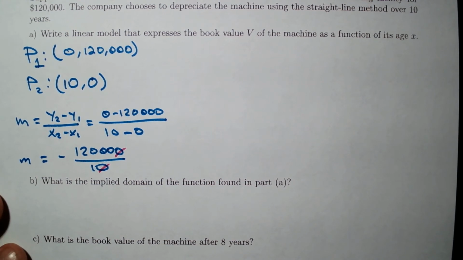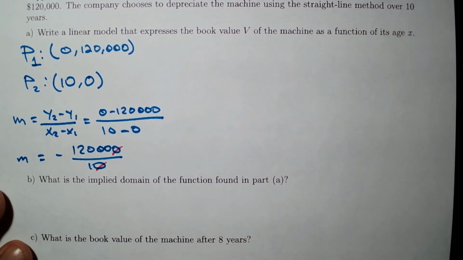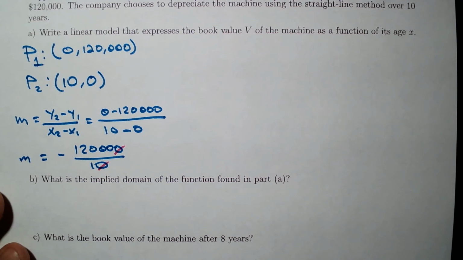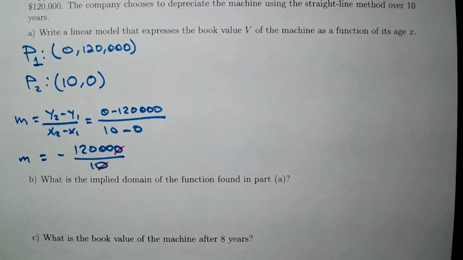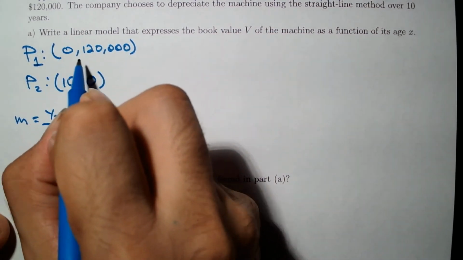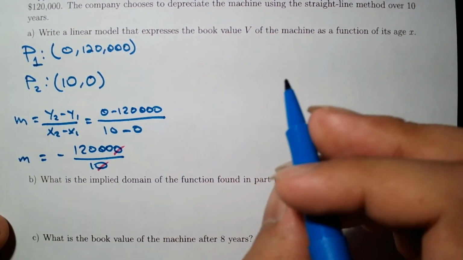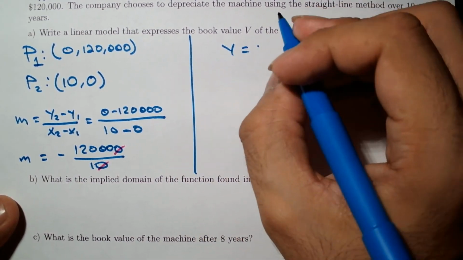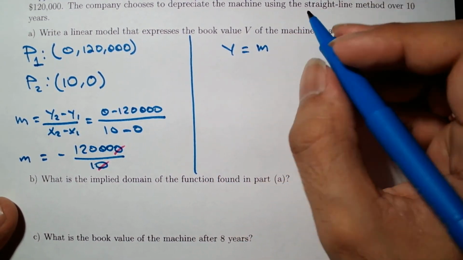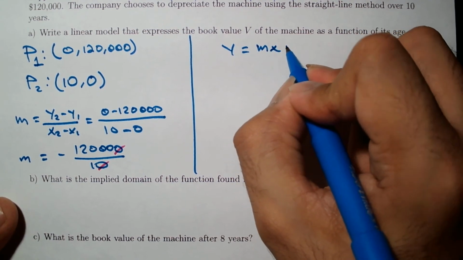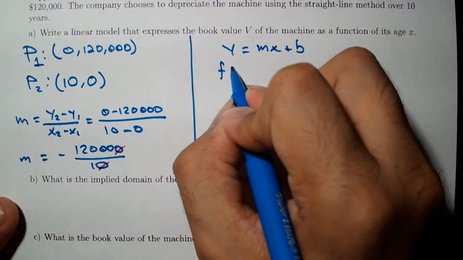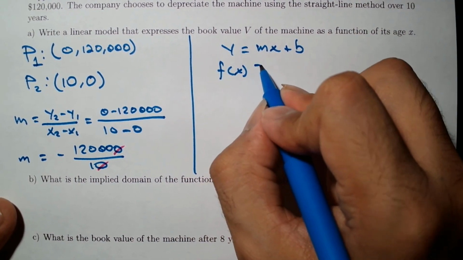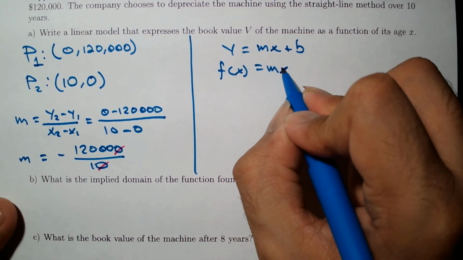All right. So in this case, there's two ways you can get the equation of the line using the point-slope form. However, in this case, we're given the y-intercept. So how about we just use y equals mx plus b? Or in function notation, rather, f of x equals mx plus b.